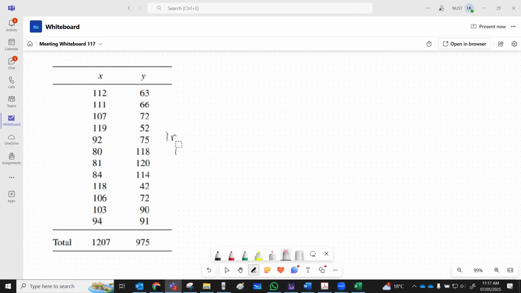Okay, so looking at what we need from our table, you can see the totals here are already given.